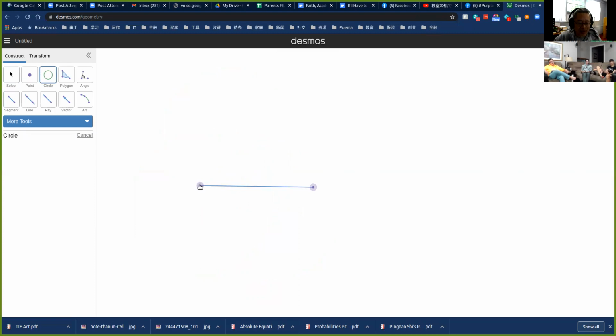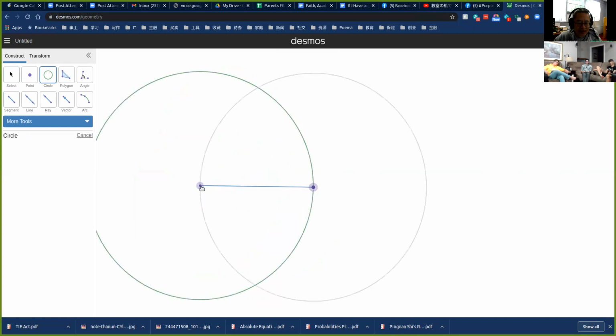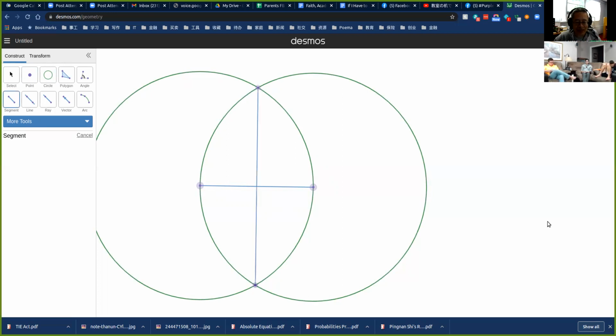We draw a circle and then draw another circle. And of course, we're going to have two intersections here and here. Then just connect them, and this line will perfectly bisect the segment that's given to us. So let's take a look.